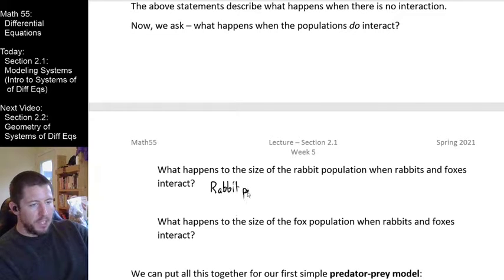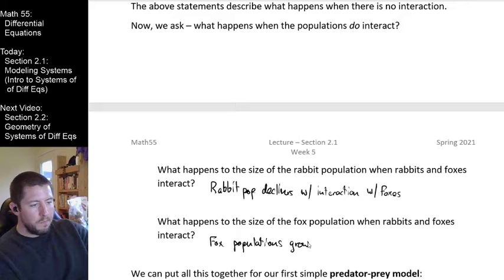So rabbit population declines with interaction with foxes. And we can say that fox populations grow when they interact. Interact, that's such a nice euphemism for hunting, interaction. The rabbits and foxes are just interacting with each other.